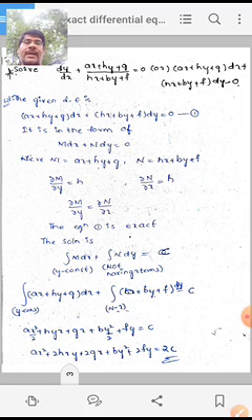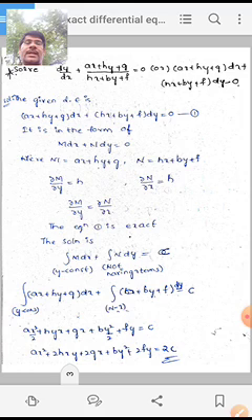Here y is a constant, so by and f give 0, and the derivative of hx is h. Here both are equal, that is dou M by dou y is equal to dou N by dou x. Therefore the given equation is an exact differential equation.